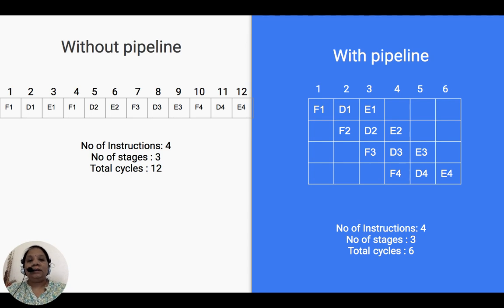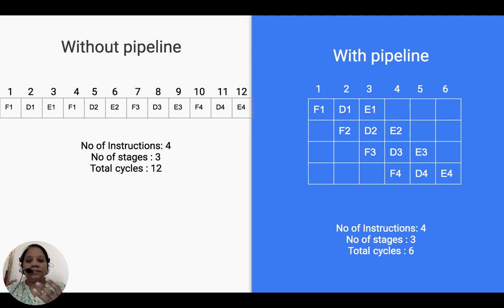But imagine there is a big program which has 100 instructions. What is the time taken for it to be implemented in a processor without pipeline? 100 into 3 clock cycles, which is equal to 300 clock cycles. Now, if it is executed with pipeline, the first instruction alone will take 3 clock cycles: fetch, decode, and execute.